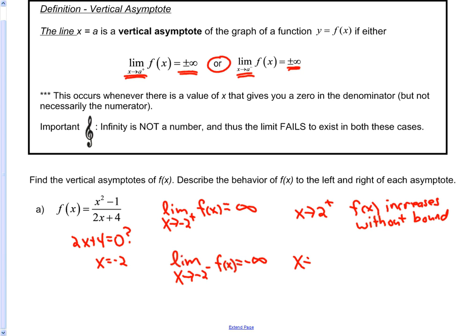And similarly, as x approaches negative 2 from the left, f of x decreases in value without bound.